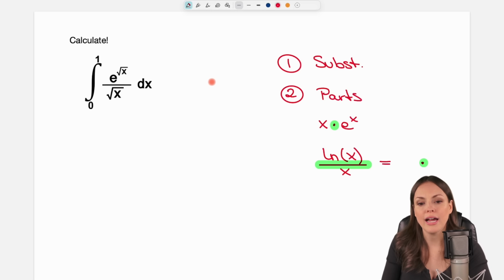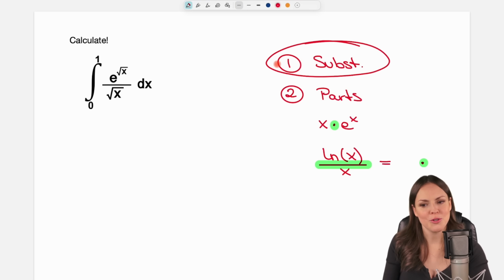We don't have just e to the x here, no, we have the square root of x. So we have the square root function inside our exponential function, and every time this happens, substitution looks pretty good, so we're going to try substitution here.